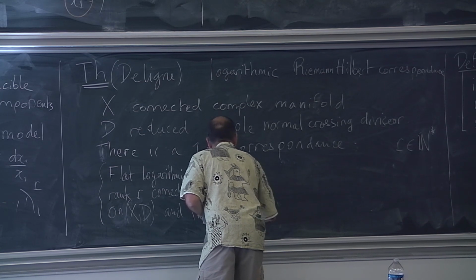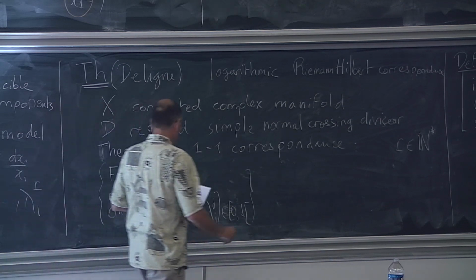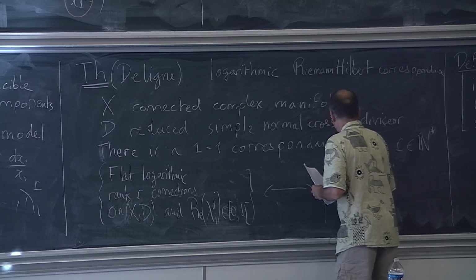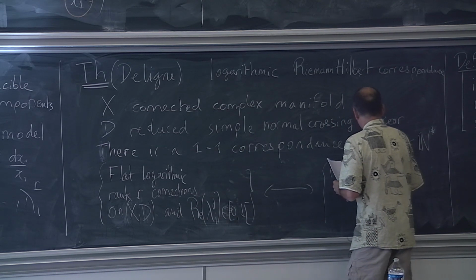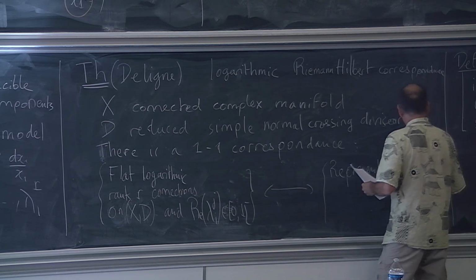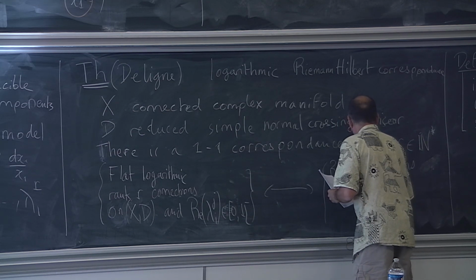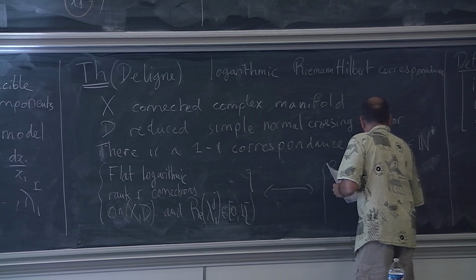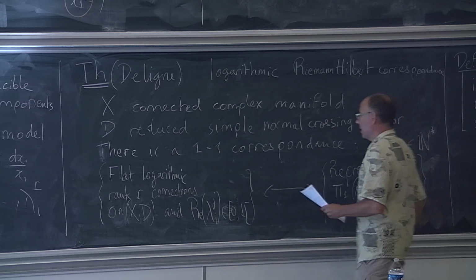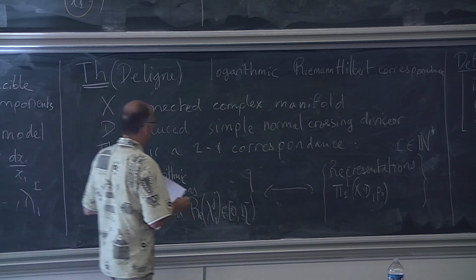So this imposes a non-resonance condition. And on the other hand, you have representations of the fundamental group pi_1 of X minus D at p0, into GL_r of C. With this, we have a one-to-one equivalence.